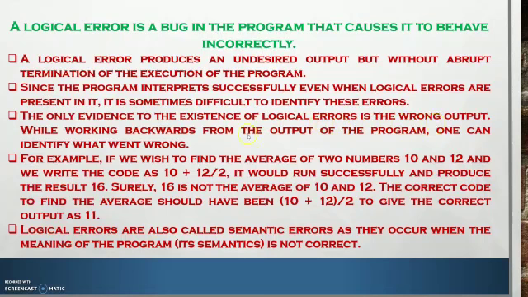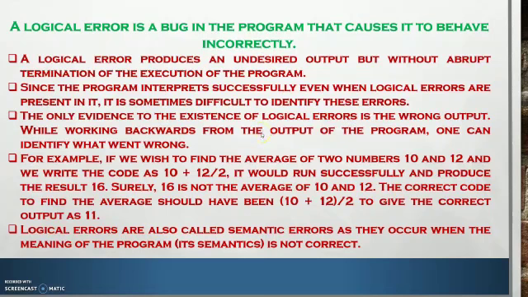While working backwards from the output of the program, one can identify what went wrong. So if we want to be sure that there is a logical error, it is only from the output that we get. For example, the code I put was 2 plus 3, which equals 6, but the output I am getting is 7. That is only when we can understand that there is a mistake.